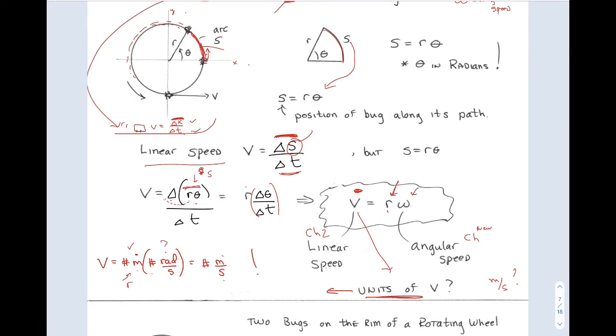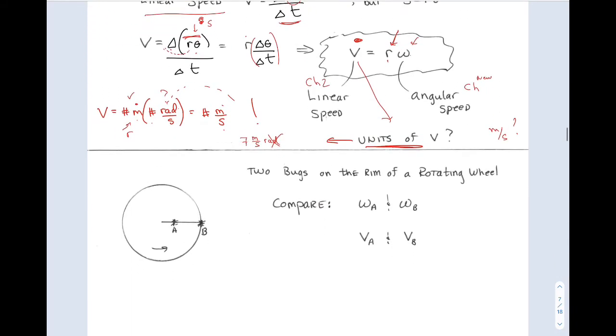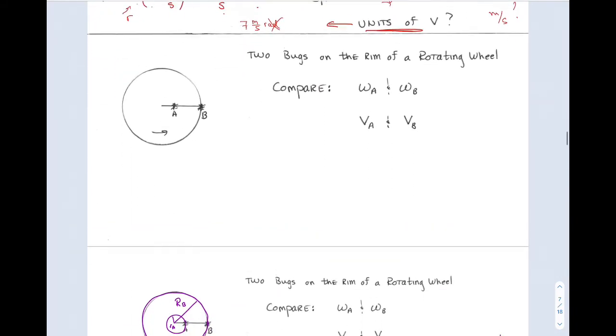And you ask, what happened to the radian? In the old chapters, something moved at a speed of 7 meters per second. It didn't have a radian, so it's not going to have a radian now. So where did the radian go? Remember, it's a dimensionless quantity. It wouldn't be wrong to write it there, but it has no business being there. That's one of the consequences of the radian being a dimensionless quantity.